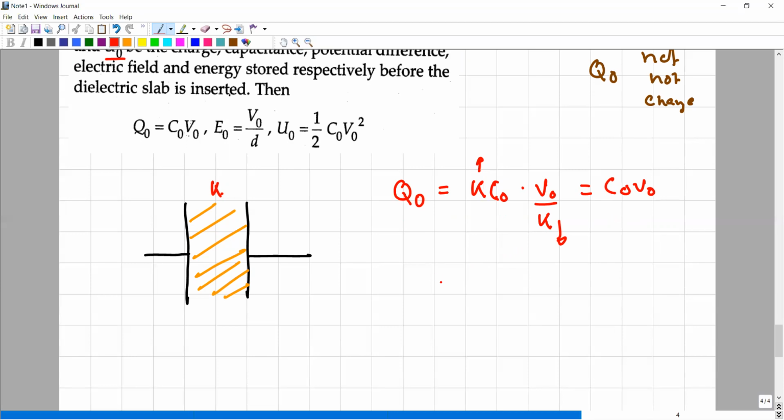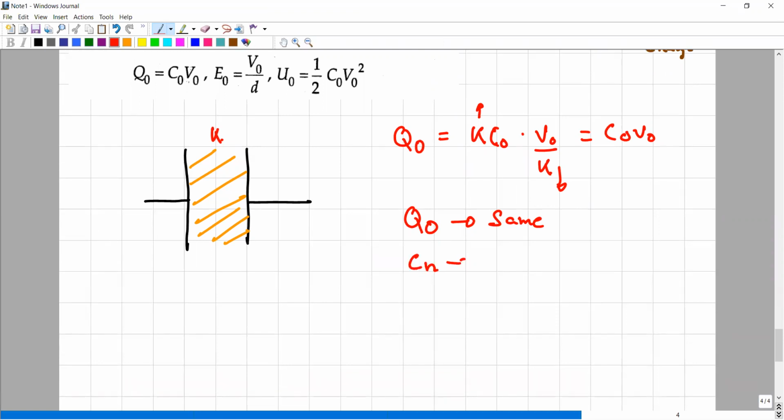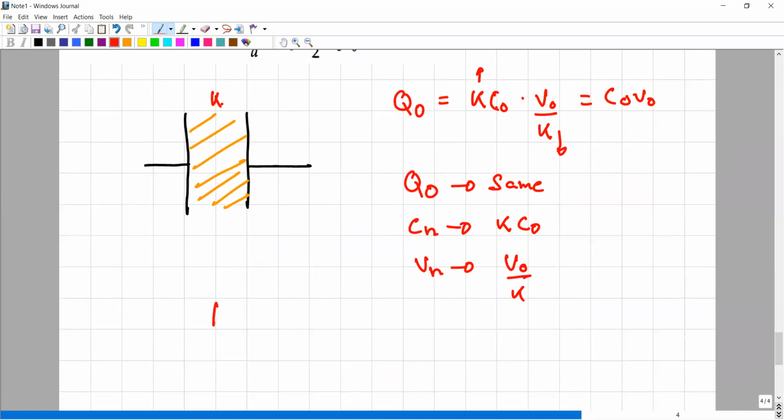So what we understood is that the Q naught charge remains the same, and the capacitance value will increase K times. The new potential value will decrease by K times. As electric field is proportional to potential, the electric field value will also decrease by K times.